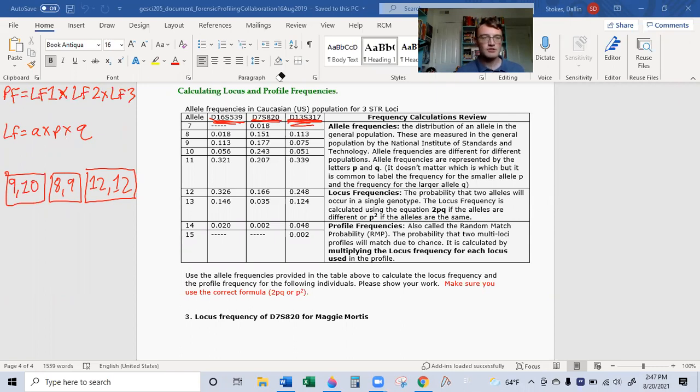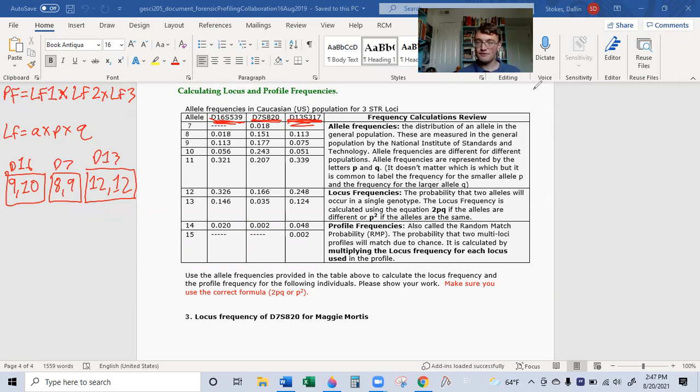Okay, so let's find the profile frequency of a person that has a 9-10 at D16, an 8-9 combo at D7, and a 12-12 combo at D13, okay? So here we go. First, we have to calculate the locus frequency of having a 9-10 at D16.